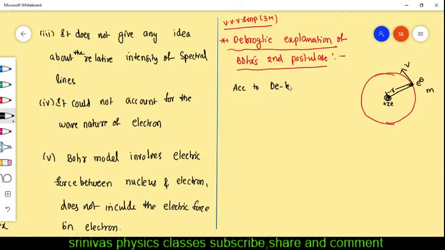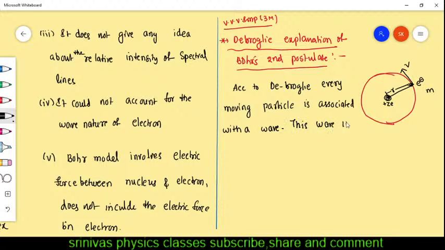According to de Broglie, every moving particle is associated with a wave. This wave is called a matter wave.